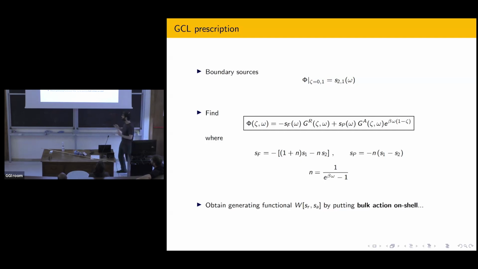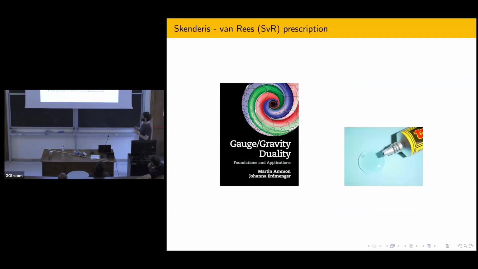Okay, this was very quick. I didn't show any details, but the important point is to keep this in mind. And then I want to compare with another way of deriving Schwinger-Keldysh actions.